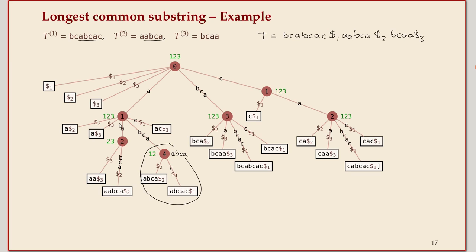And well, in the small example, it turns out all the other internal nodes do have a leaf for each of the 3 strings below them. So let's do one example, the BCA, this one. It has 2, 3, 1, all of them, and actually 2 occurrences in one. So you can find an occurrence in each of the strings.